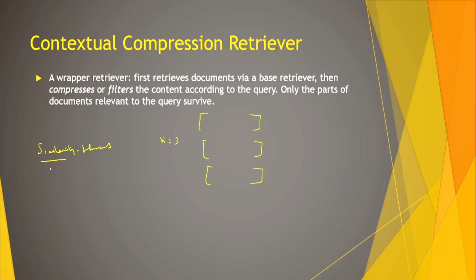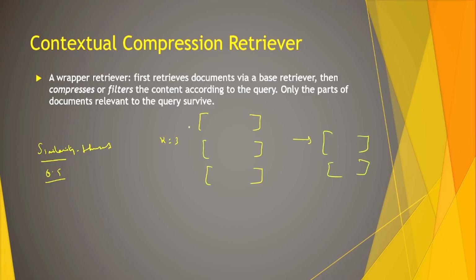Now suppose we have mentioned the similarity threshold value is 0.5. Now among these documents, only those documents that match our threshold value will finally come in our output.